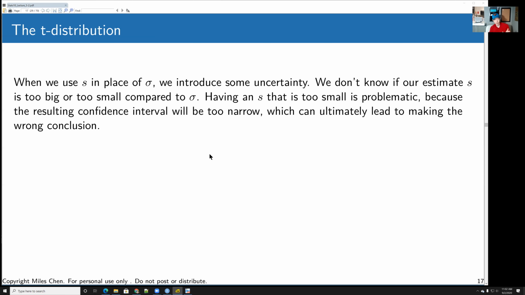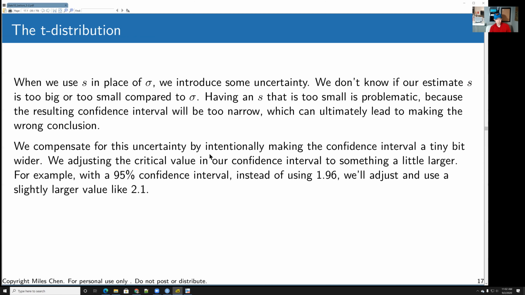So having an S that's too small could be a problem. What we're going to do is compensate by intentionally fudging that number from 1.96 to something a little bit larger. We're going to make our confidence interval a tiny bit wider, and adjust the critical value to something a little bit bigger.